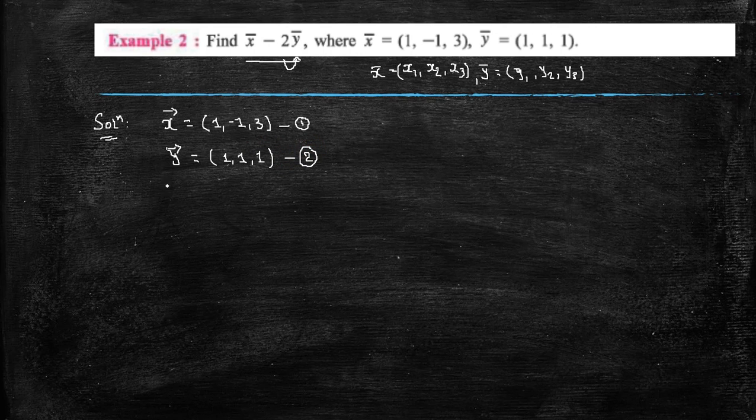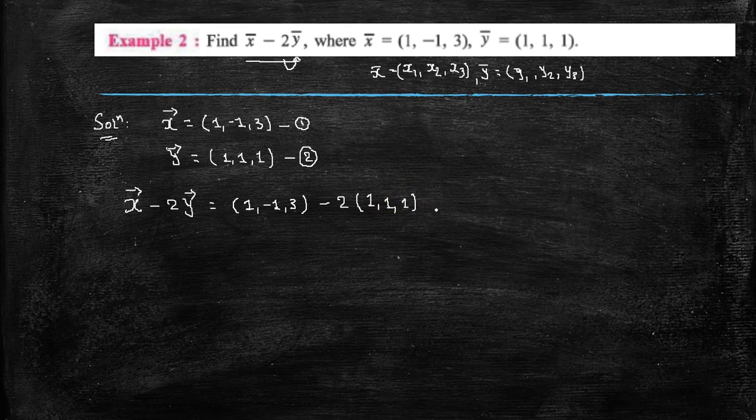And we have a final equation to find vector x minus 2 into vector y. By putting values from equation 1 and 2, we can write 1, -1, 3 minus 2 into 1, 1, 1.